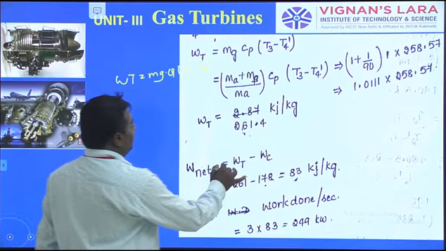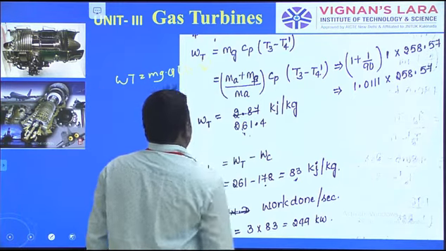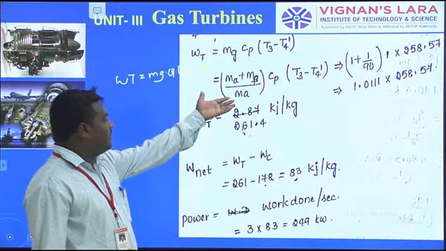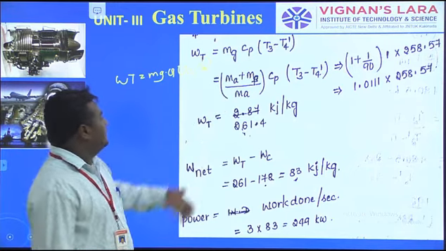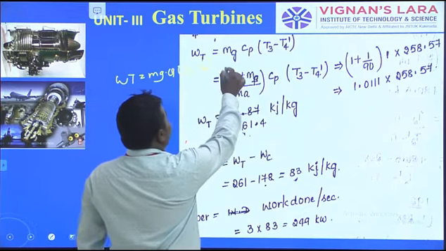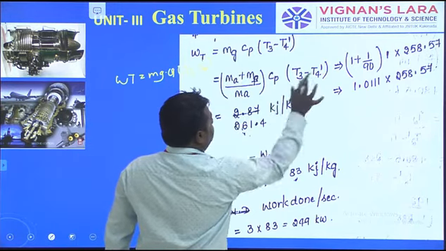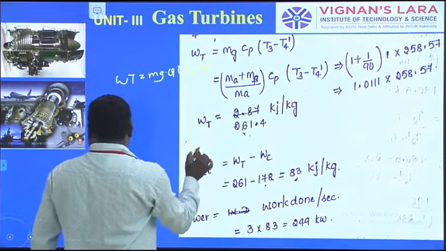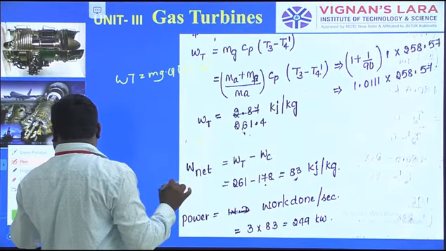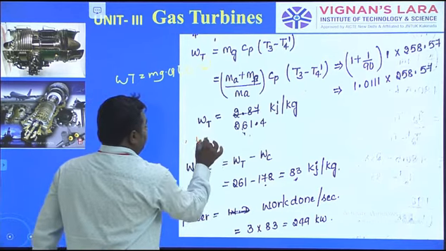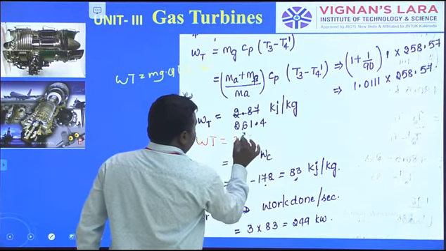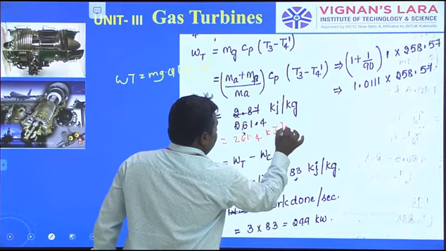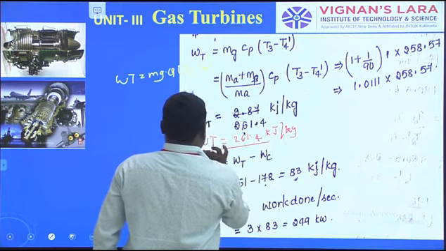So then we find the work done of the turbine. We know all the formulas and values, so we substitute in this equation. Finally we get the work done by the turbine, 261.4 kilojoule per kg.